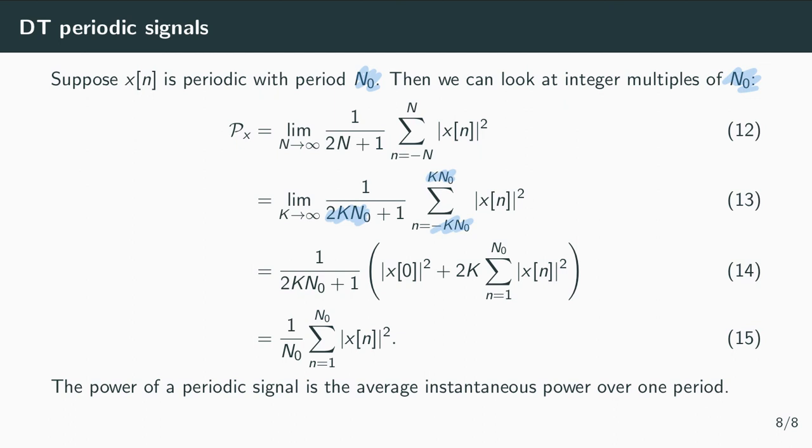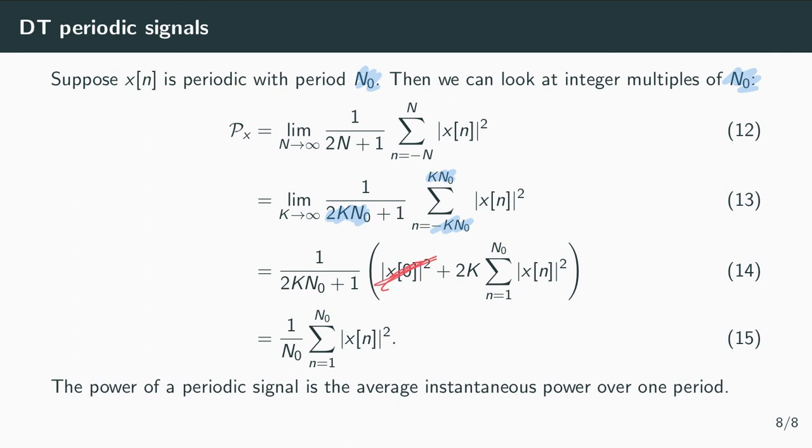Then you can basically do the same calculation. It gets a little bit messier, but the upshot of this story is that the x of 0 term eventually goes away.